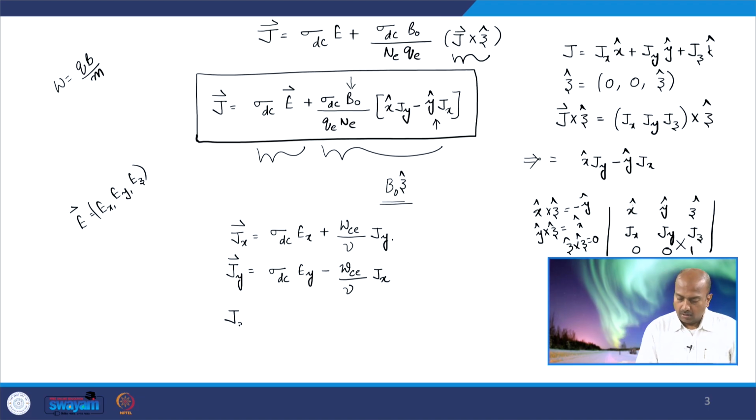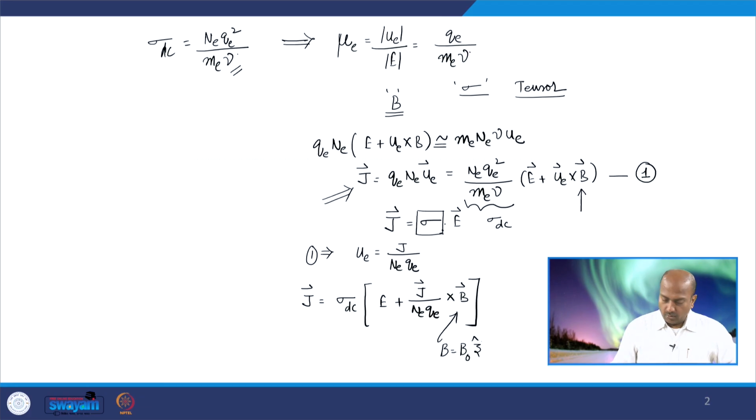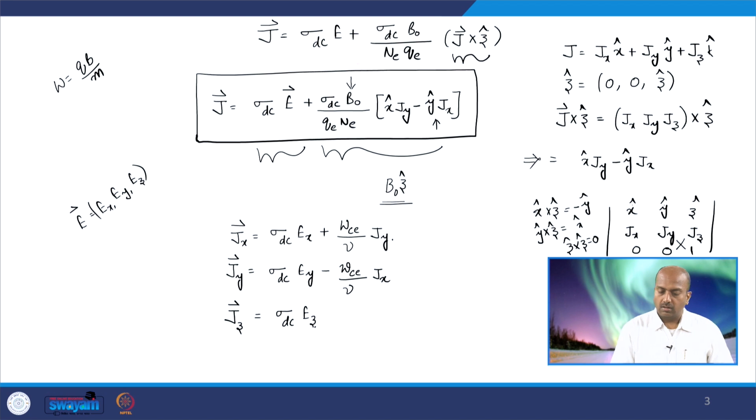And the current density along the z direction is only the dc component, which is along the same direction. Right. Now let us say we call the original equation 1, of course, and then probably this as 2, and then this after breaking the curl, this as 3, and this is 4a, 4b, and 4c.